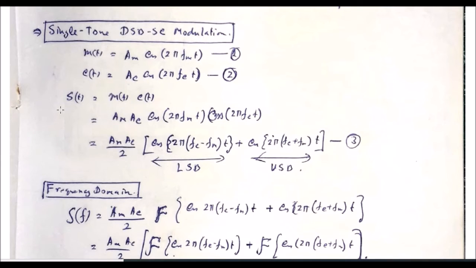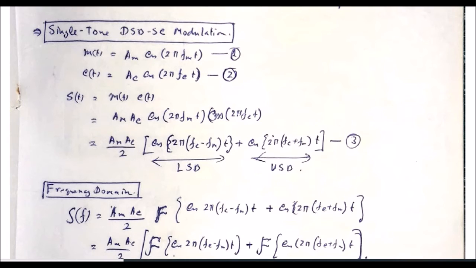Now if you want to have some insight into this particular modulation process, you can do the single tone analysis also. For that case, m(t) can be considered as a sinusoidal signal, Am cos 2 pi fm t, and the carrier is that. And if you do the DSBSC modulation, that means you are multiplying these two signals by using the product modulator. If you multiply these two signals, it will come as this.